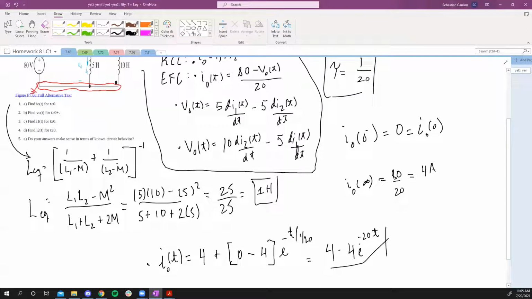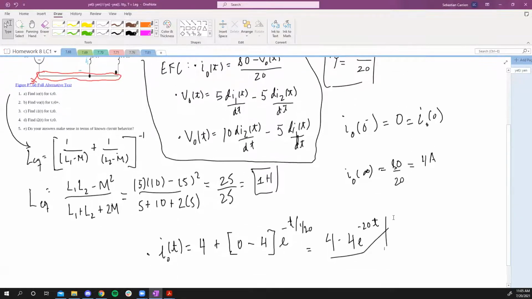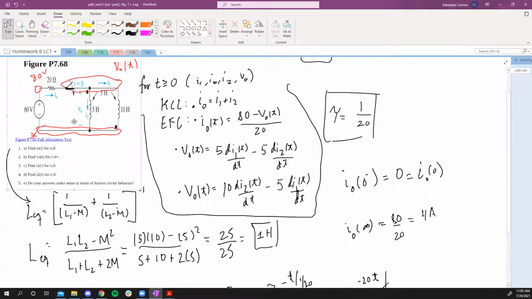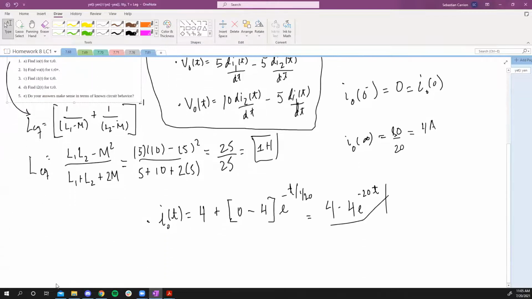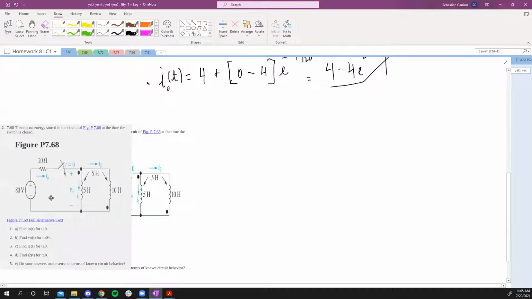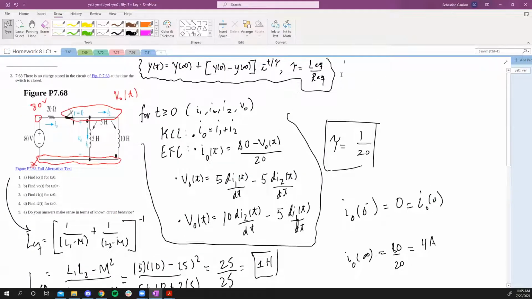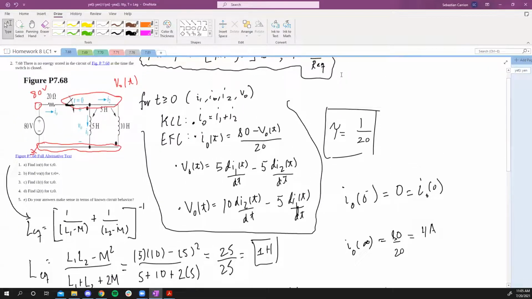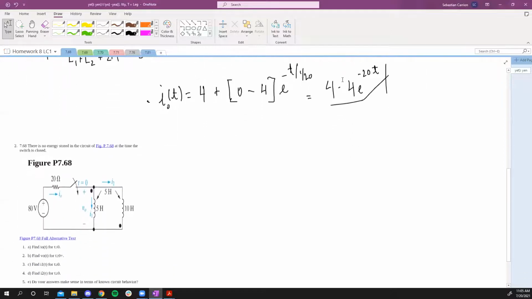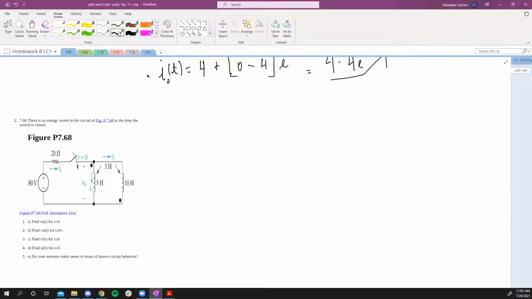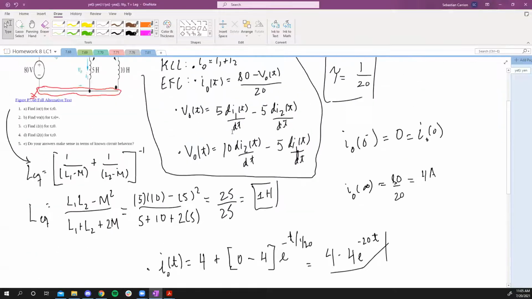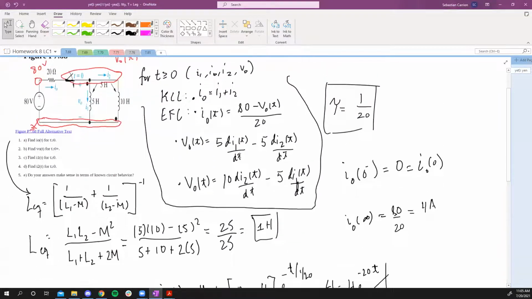Okay, so let's move on. Let me copy and paste this. Now we want to find v0(t), right?